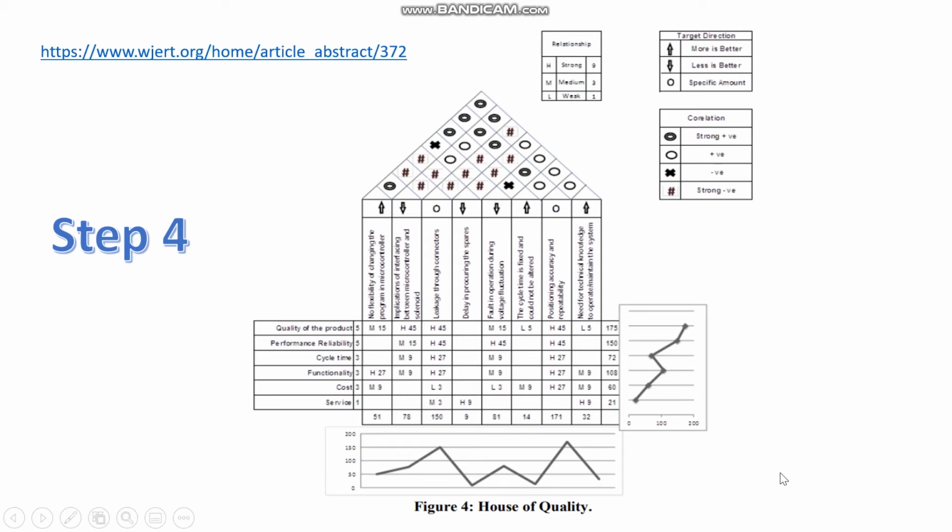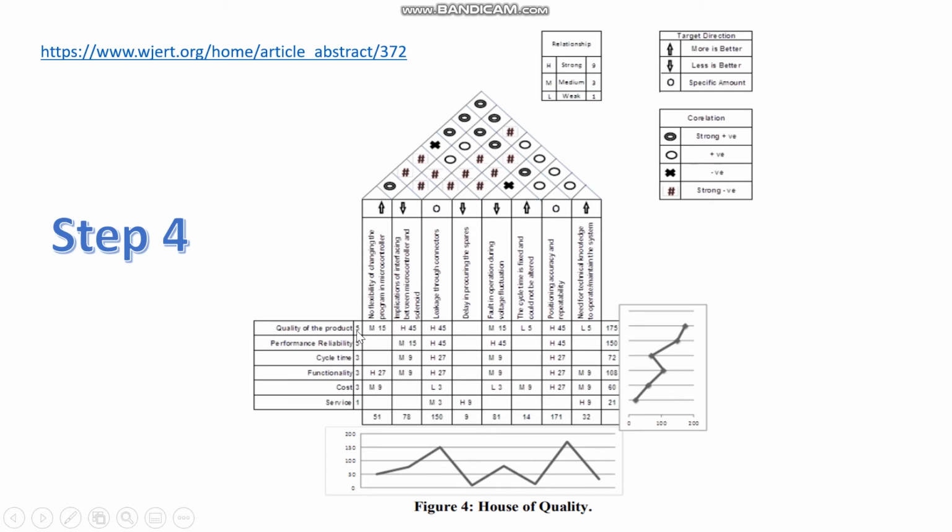In the previous example, in the center we have given some symbols, but here I have given medium, high, and this is very easy. Medium means already I have given the point as 3. Quality of products we have given the point 5. 5 multiplied with 3, 15 is coming. So 15 I have filled here itself.